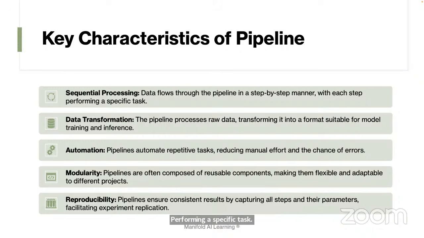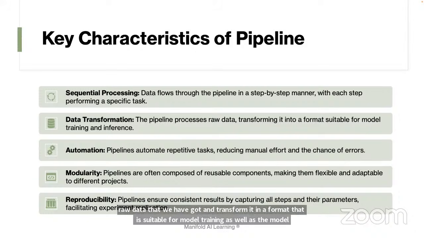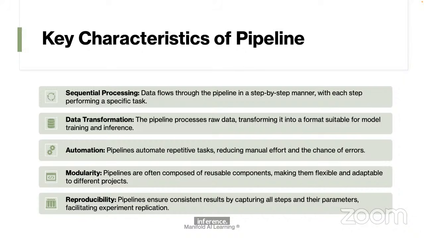Here in this pipeline, we will have the step for data transformation, where we process the raw data and transform it into a format that is suitable for model training as well as model inference. With all these steps defined, we can also provide automation. This pipeline automates the repetitive tasks, which reduces the manual effort and the chances of error.